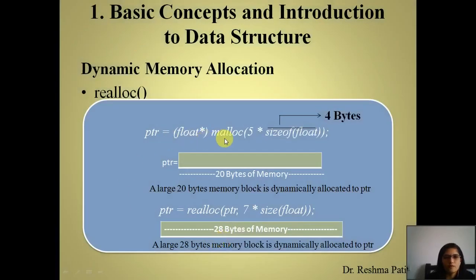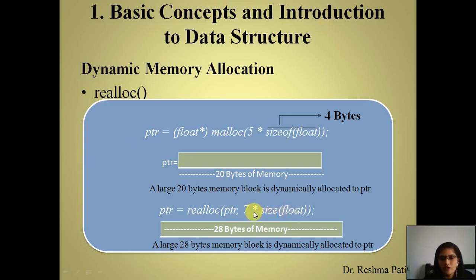Here is an example of malloc, 5 into 4 bytes of float. 20 bytes of memory is allocated previously. After some time I feel that I need to store 2 more elements, so I will change the allocation using the realloc function. Here I have to write the previous pointer variable name which has already stored 5 elements. Now I have to add 2 more, so I will write here 7 into size of float.